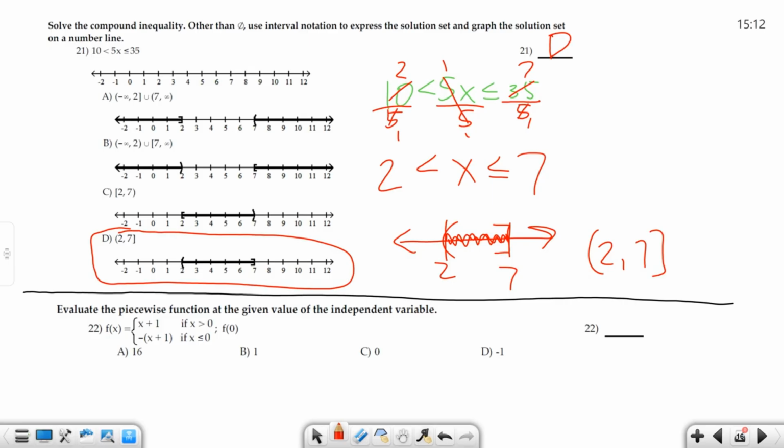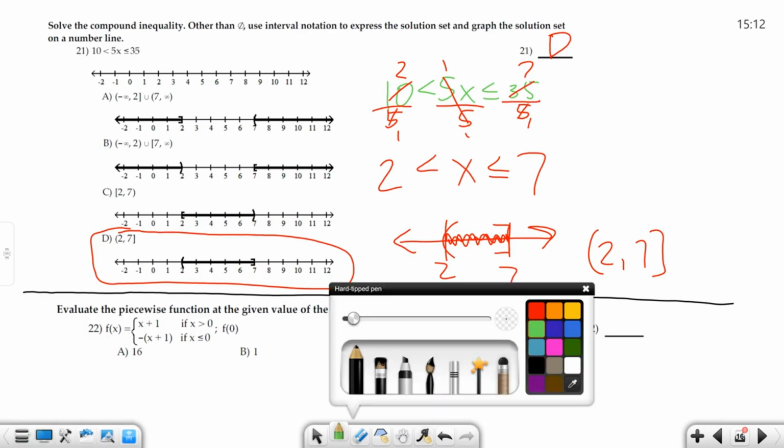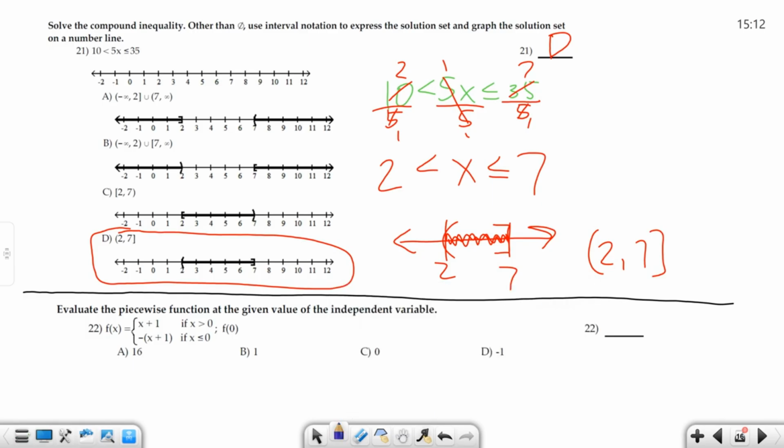22, find the value of the piecewise function. Well, how on earth do I do that? The first thing you have to do is determine which piece you're using. It says f of 0. X is greater than 0: 0 is not included in that, there's no equals. So x is less than or equal to 0. F of 0 uses this one. So negative, and you're plugging in 0, plus 1.